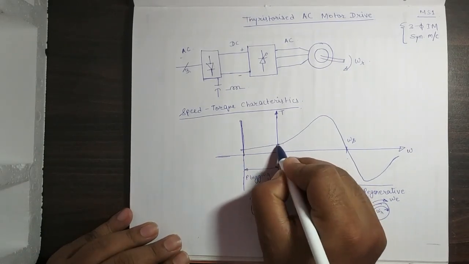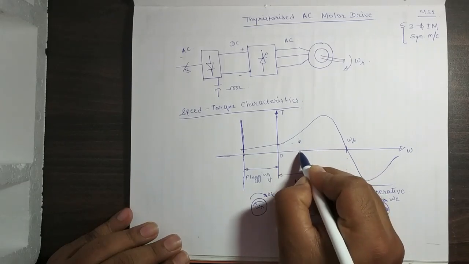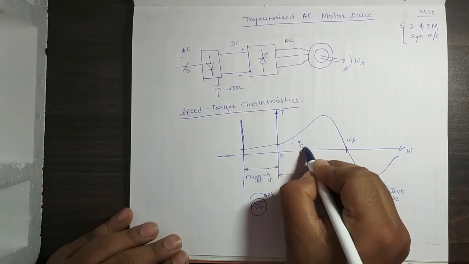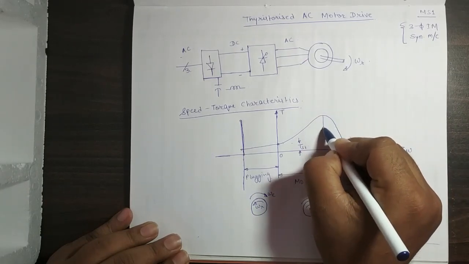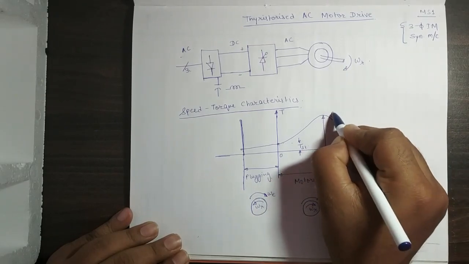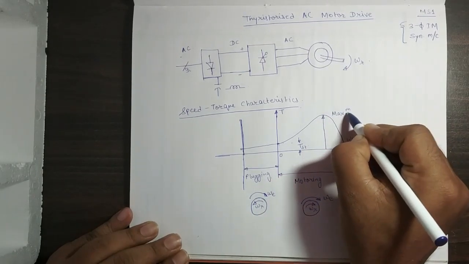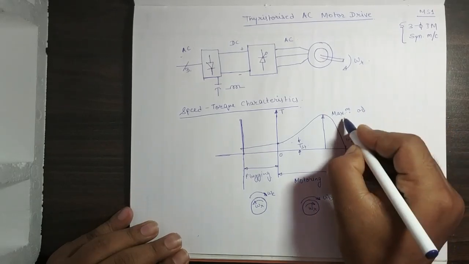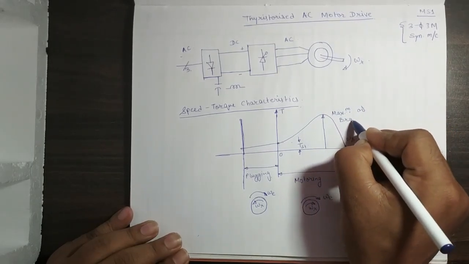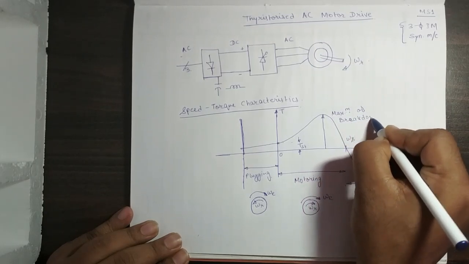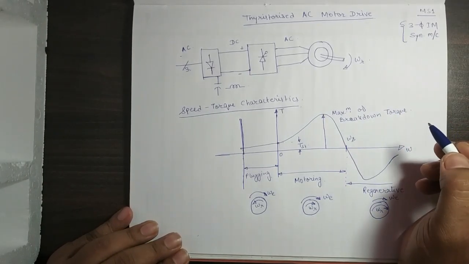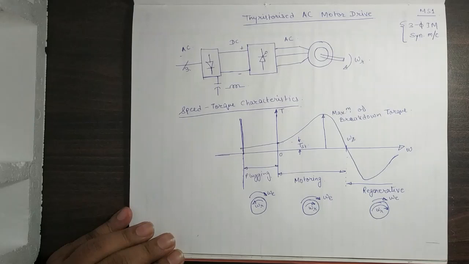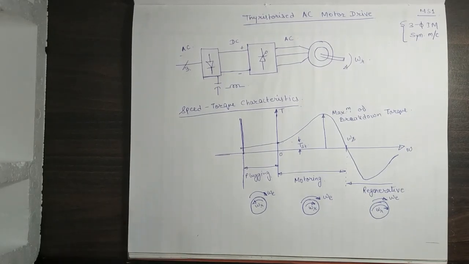This point is the starting torque, TST. This one is the maximum or breakdown torque. So this is the speed torque characteristic of an induction motor, what you have learned earlier.